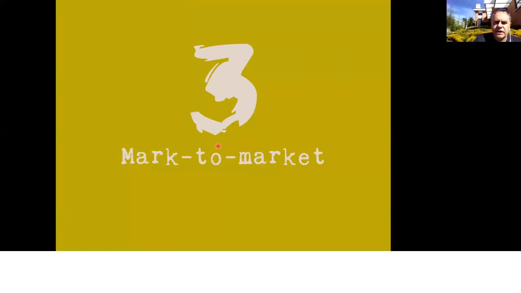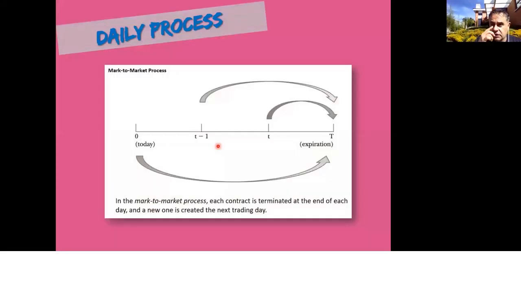Okay, now let's take a look at how the mark-to-market process works, which is basically the procedure that the clearinghouse uses to avoid any default on the contract. So the way it works is every day a contract is born.